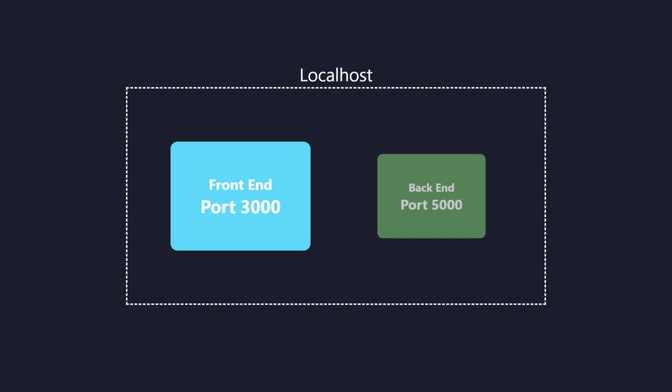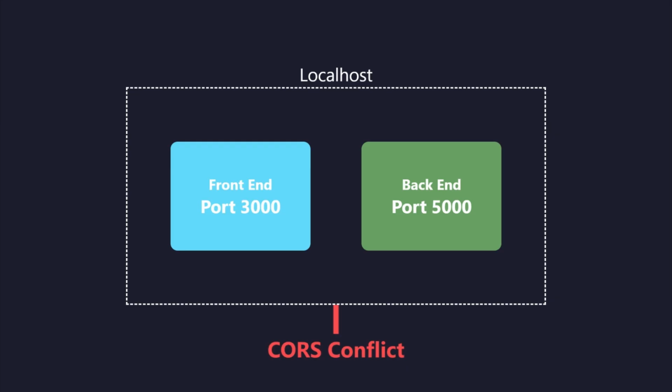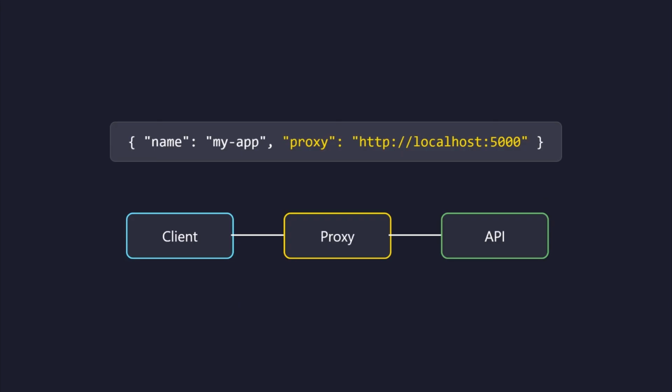In React development environments, the frontend usually runs on port 3000, while the Node.js backend runs on port 5000. This creates a cross-origin conflict on your local machine because the ports are different, even if the host is localhost. To bypass this during local development, you can add a proxy field to your package.json file in the React project.